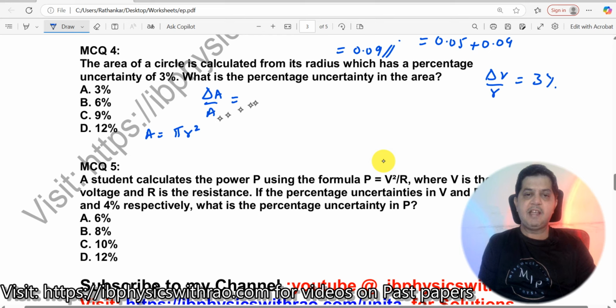So therefore, delta A by A would be 2 times delta R by R, because I am going to neglect this pi, because pi is a constant. If I substitute this value, delta R by R is 3, so this should be 2 into 3, which should be equal to 6%. So the answer is B over here.